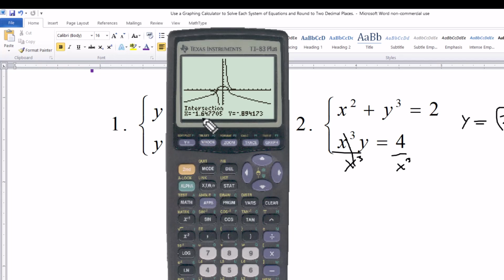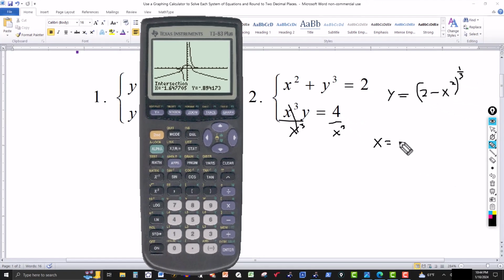So it gives you the value of the x and the y. So the solution to this system is x equal to negative 1.65, rounded to 2 places, and y is equal to negative 0.89.